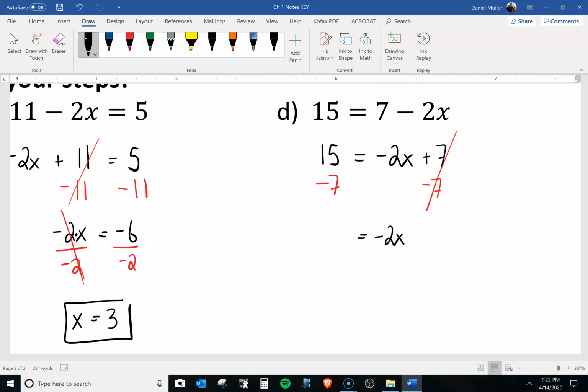On the left, I got 15 minus 7, so that is going to be a positive 8. Now this is times, so I will do the opposite, which is divide, and those can be gone. And I'll divide on this side as well. So x is equal to 8 divided by negative 2, which in this case is negative 4.